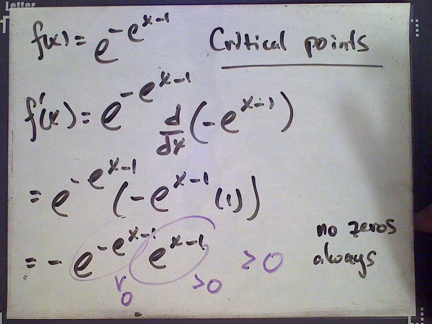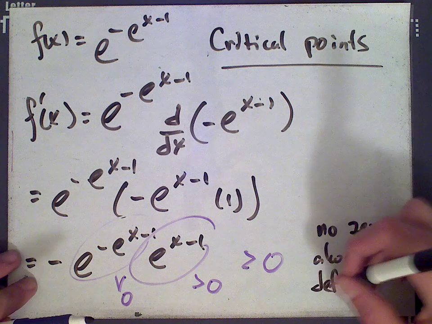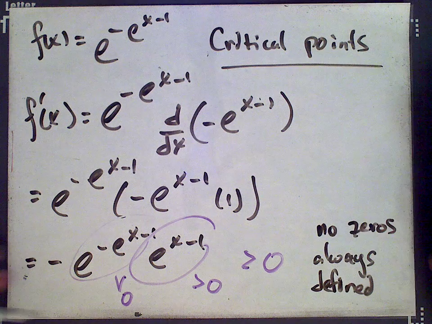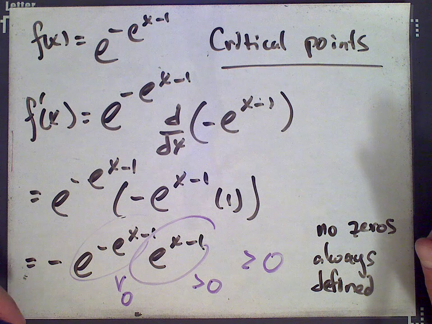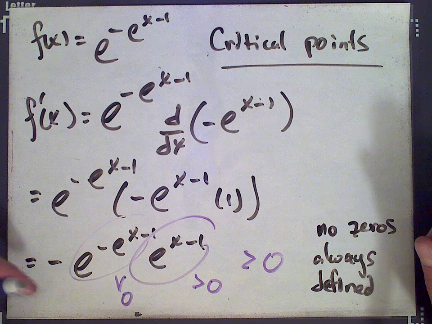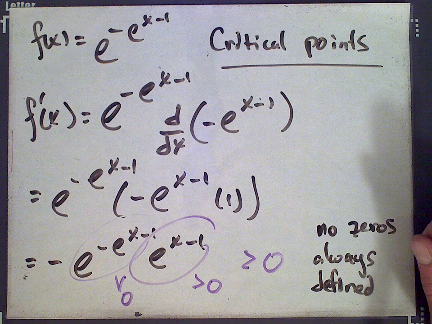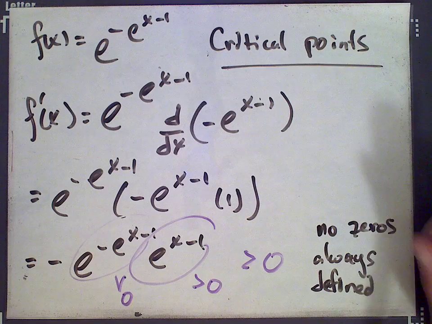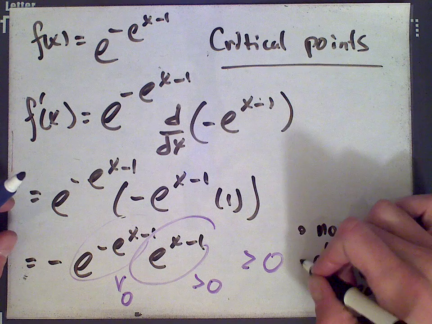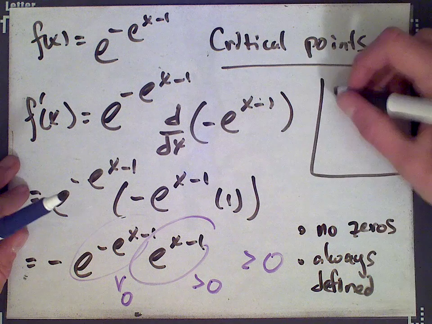Often you want to check with exponents that you don't get 1 over 0, but that would amount to us having e to the power of something equals 0, which never happens. Okay, so there's no zeros, the function's always defined, and so there's no critical points.